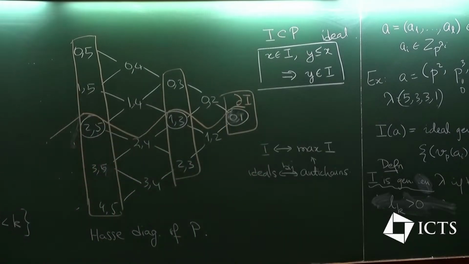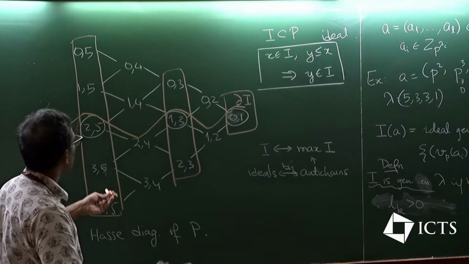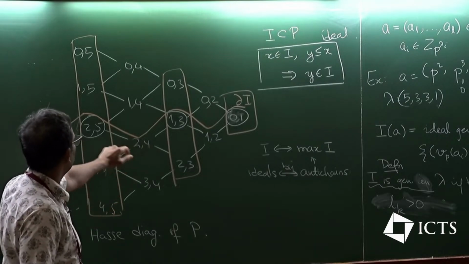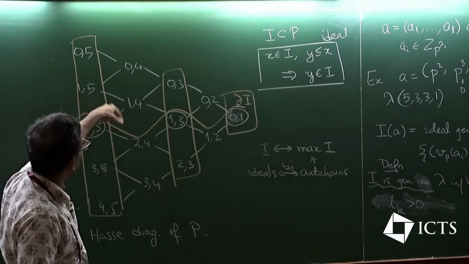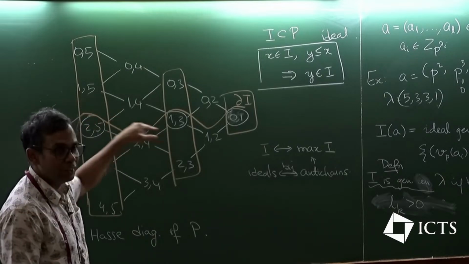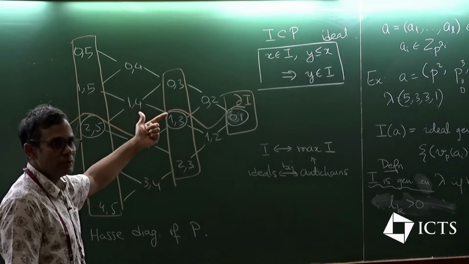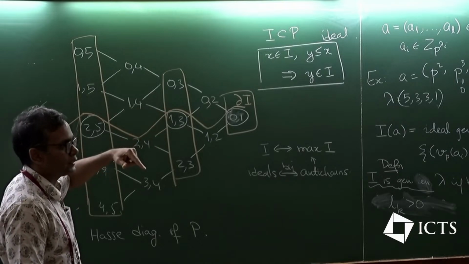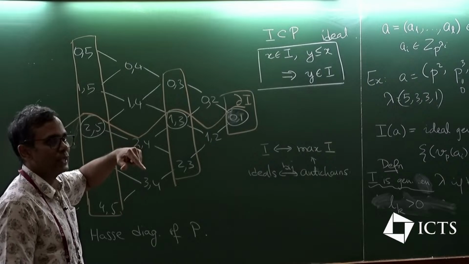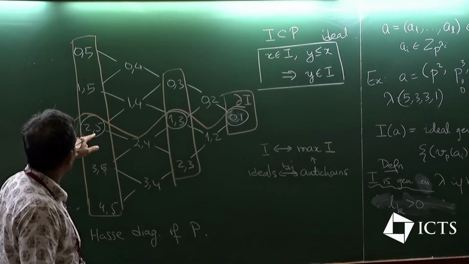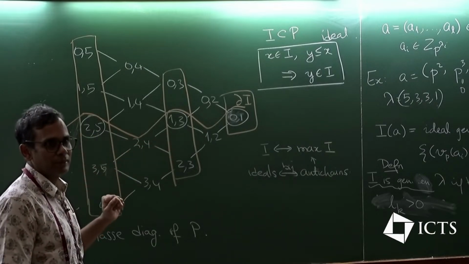So if you want to list all the orbits, you just have to find all the ideals in the fundamental poset that are generated by these 3 columns, which means you have to find anti-chains in the fundamental poset that are contained in these columns.